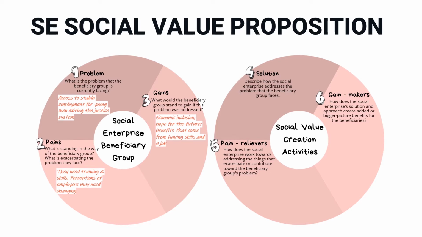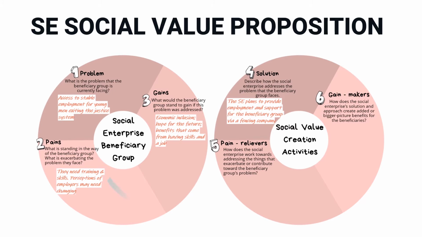Firstly, we describe how the social enterprise addresses the problem that the beneficiary group faces. In our example, and building on the example in our last video, let's say that the social enterprise plans to provide employment and support for the beneficiary cohort by running a fencing company.